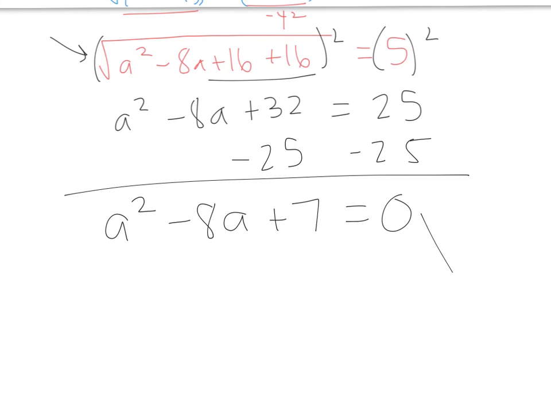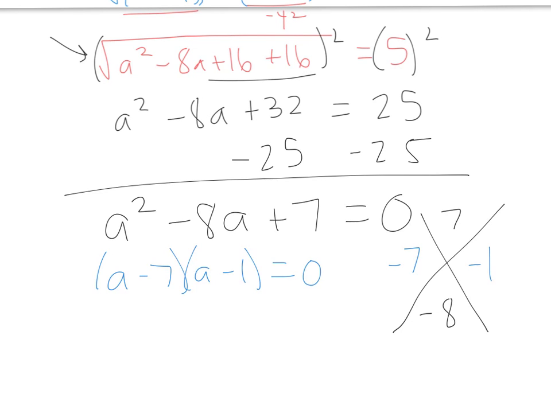Now I'm going to use the diamond method because 1 is in front of a squared. So factors of 7 that when added together give me negative 8 are, you guessed it, negative 7 and negative 1. So I get (a minus 7) times (a minus 1) equals 0. So my two solutions are 7 or 1.